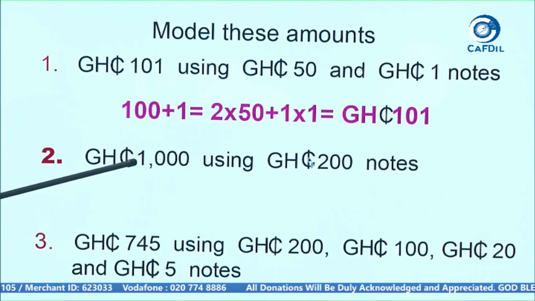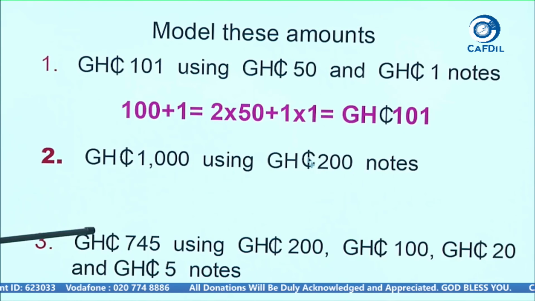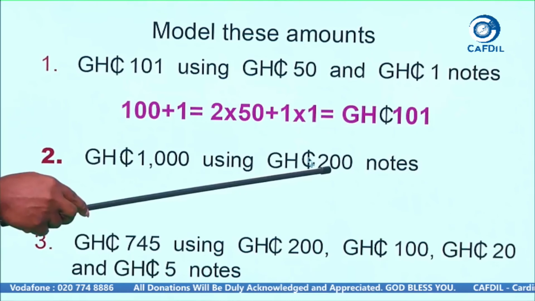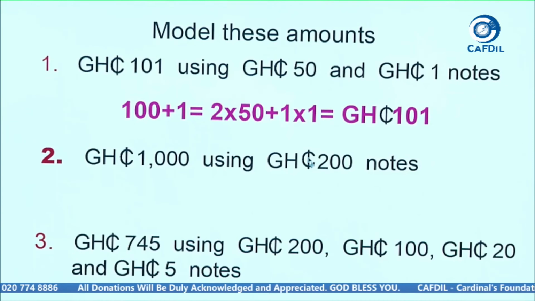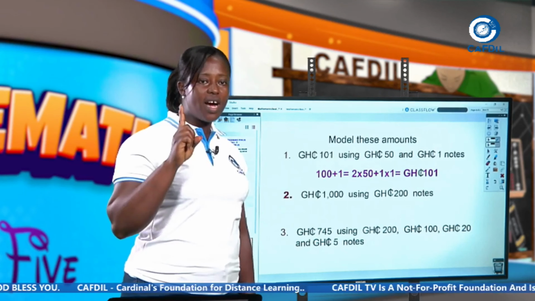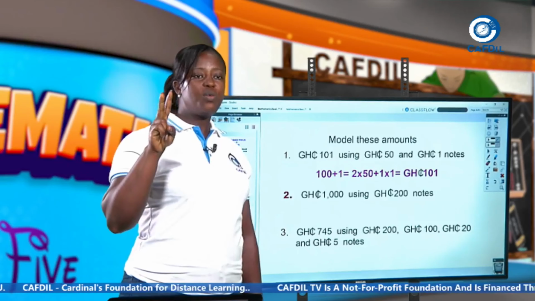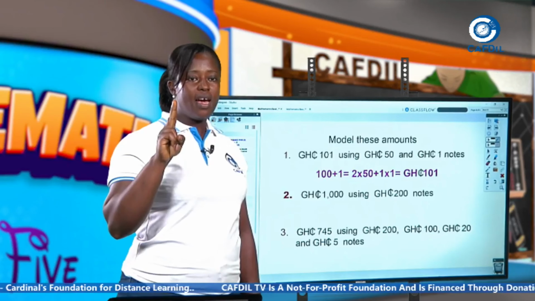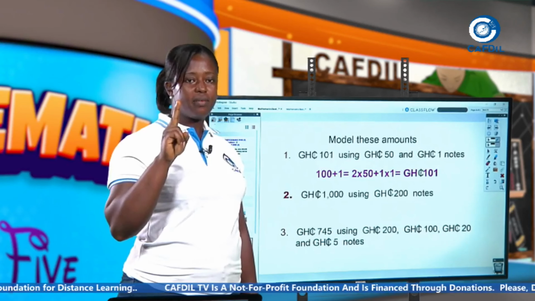Now this 1,000 cedis. We are using 200 cedis notes. Learners, I think we must skip count in 200s. So we are beginning. The first one is 200. We add 1, making 400.